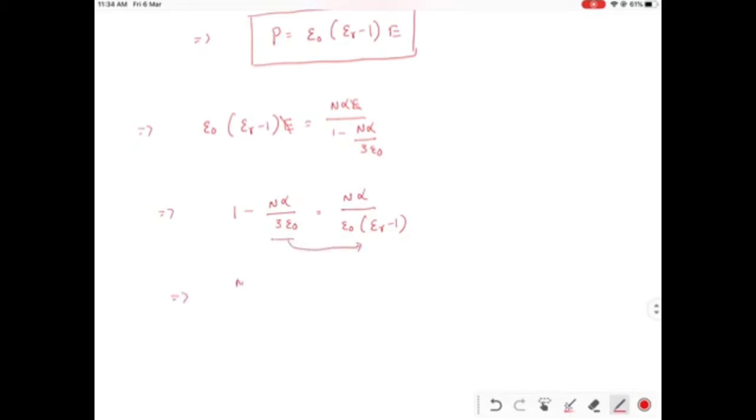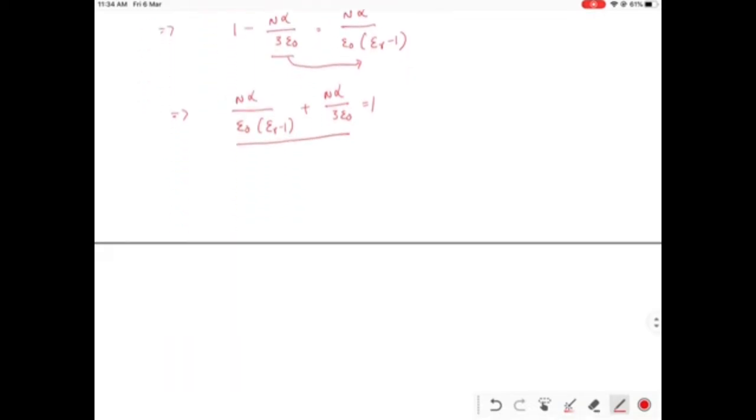That means N alpha by 3 epsilon naught plus N alpha by epsilon naught into epsilon r minus 1 is equal to 1. N alpha by 3 epsilon naught is a common factor, so N alpha by 3 epsilon naught into 3 by epsilon r minus 1 plus 1 is equal to 1.